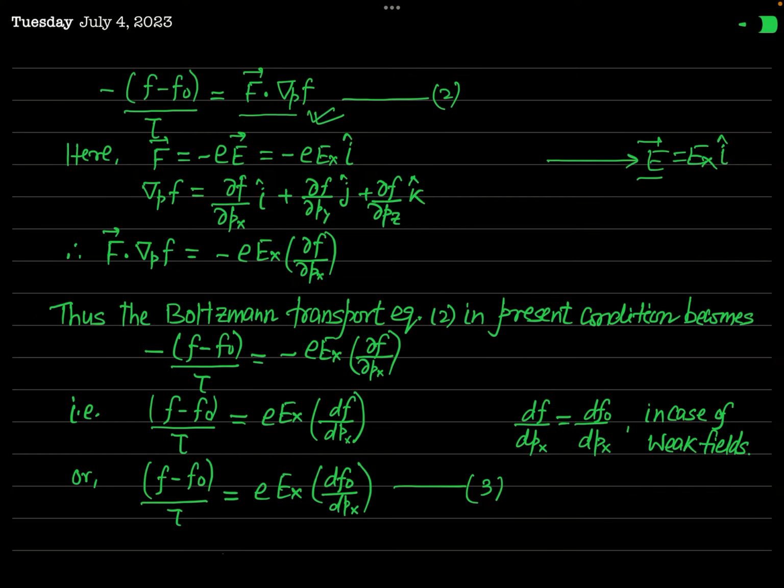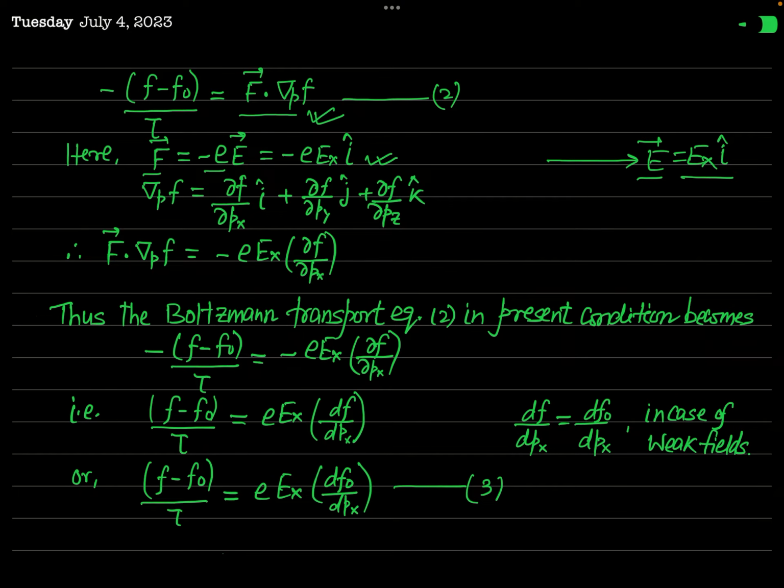So E can be simply written as Ex i. In other words, the y and z components of the electric field vector, Ey and Ez, will be 0. Okay. So the force acting on an electron due to this field will be minus e times E, and E is equal to Ex i. So this can be written as minus e times Ex i.